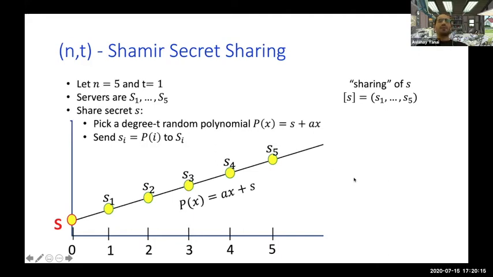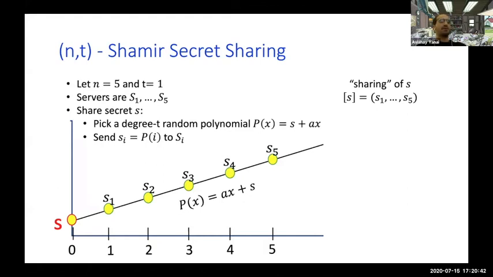So in this case, we have shares S1 up to S5. Obviously, a single server who has only one point on that line cannot tell anything about the line, because the line could be anything. But 2 or more servers can interpolate the polynomial and find the correct line that passes through all points. This way, they reveal the secret by checking where the line crosses the y-axis.